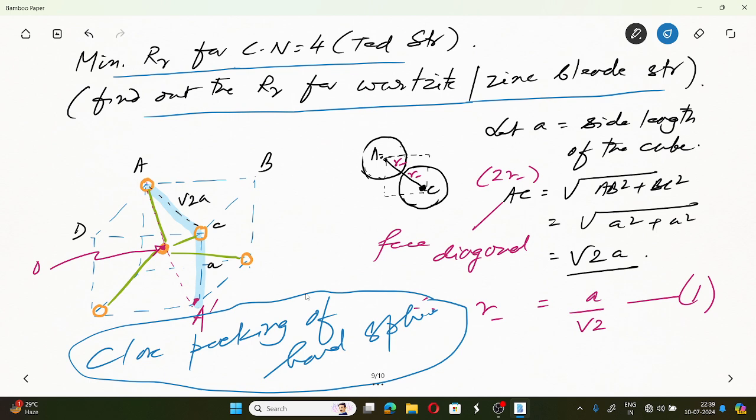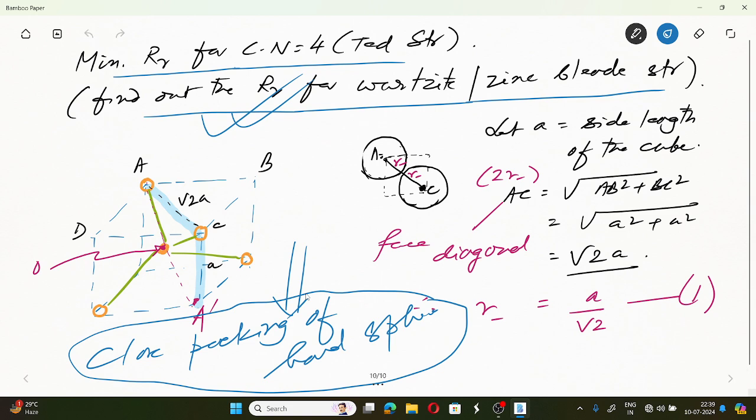Things are very easy. You should be accurate. Unless you write this, it is not meaningful. The geometry which we are doing is not meaningful unless you write close packing of hard spheres, which is applicable for the crystal lattice. Okay, so this is the radius ratio for wurtzite or zinc blende structure.